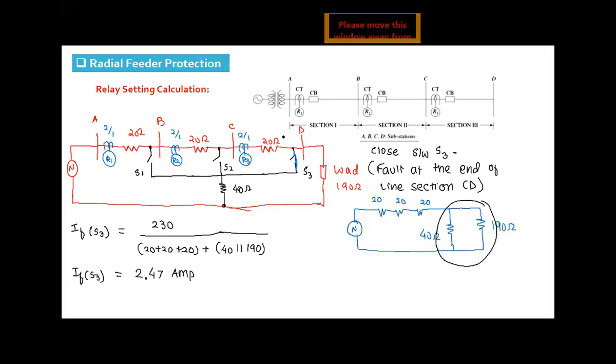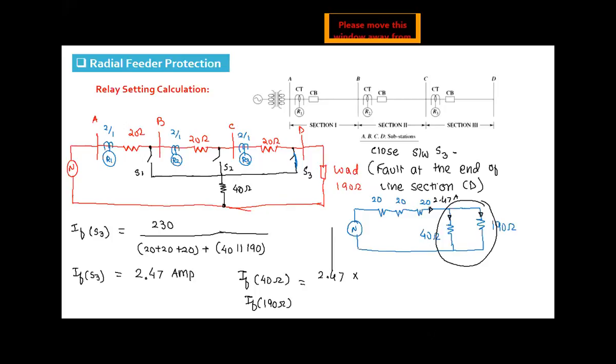Now, what will be the current through load and what will be the current through the fault that we want to find? So, apply current divider and find out current through 40 ohm and current through 190 ohm. The total current here is 2.47 ampere. We want to find individual current.